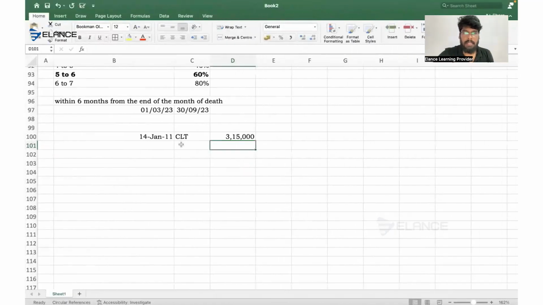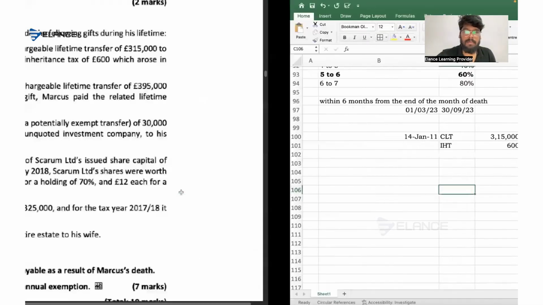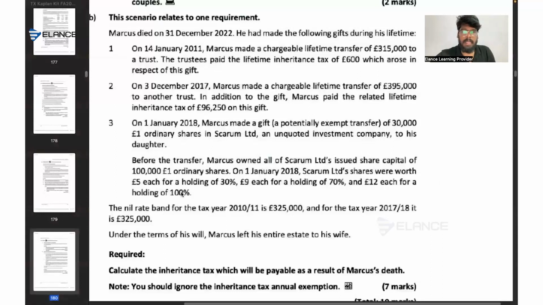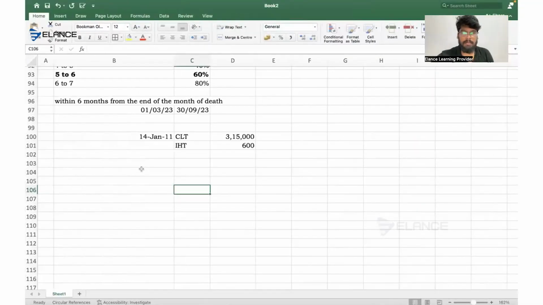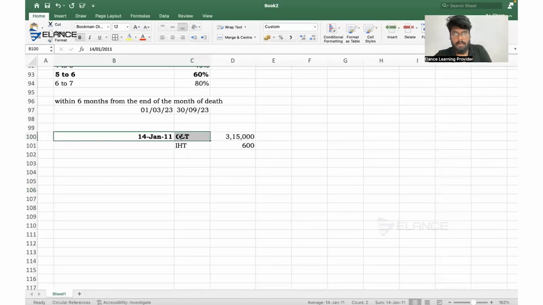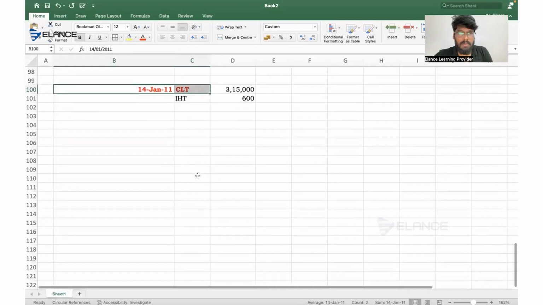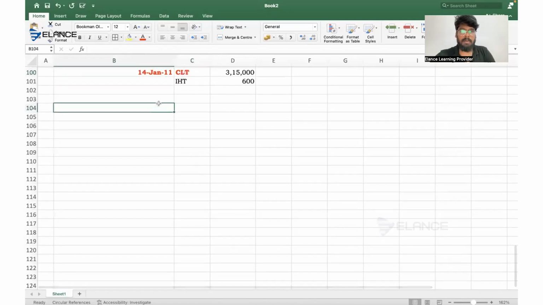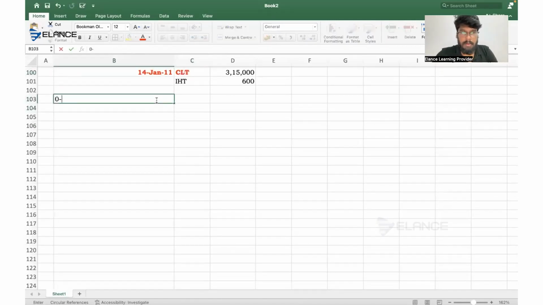So the IHT arising on this transfer was 600. The next transfer was on 3rd December 2017.